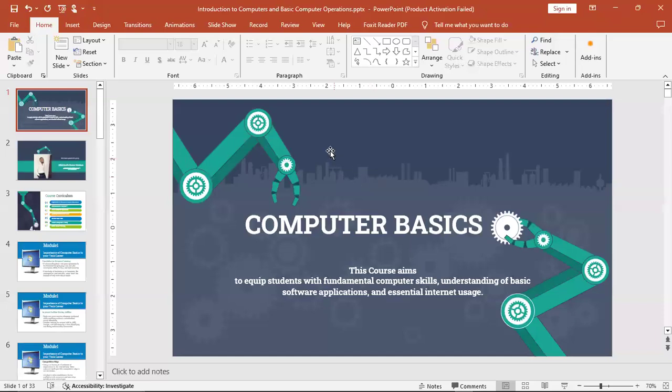Okay, can you see my screen? Yeah, we still have computer basics. Okay, that's great.